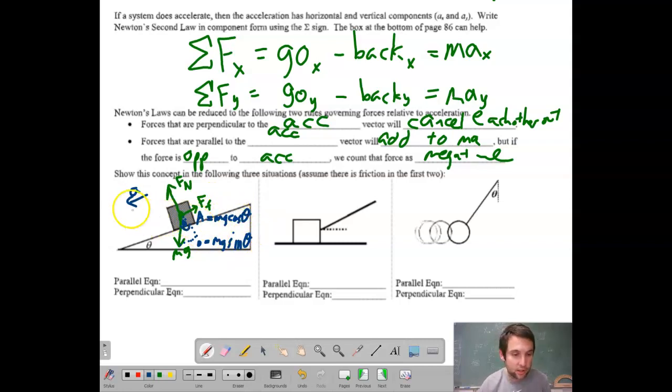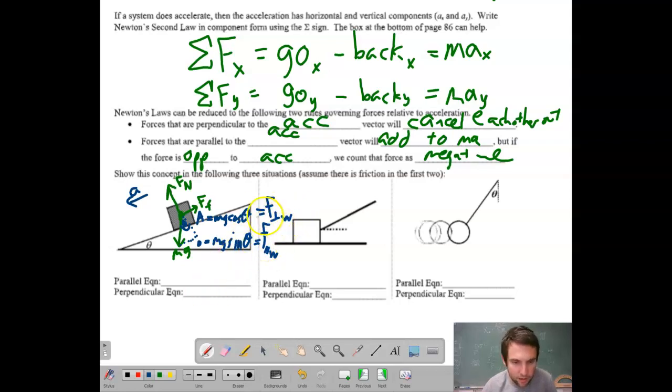My acceleration going down the ramp is going to be mg sine theta, but that's not what we're doing for this one. All we're doing is looking at the parallel equation. So this mg sine theta here, what I would call that is the parallel component of your weight force. Meanwhile, this one up here you could call your perpendicular component of your weight force.